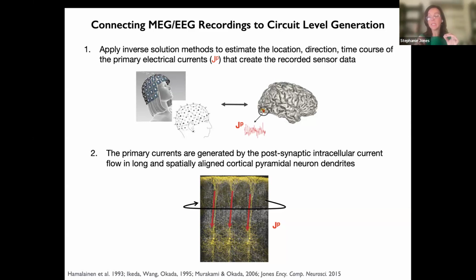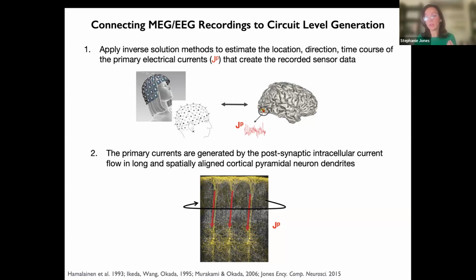The generator of EEG and MEG is the same. It's the intracellular current in the pyramidal neuron dendrites. What's different is what reflection of that current you're measuring. You're either measuring the electric or the magnetic field, but they're coming from the same primary source generators.